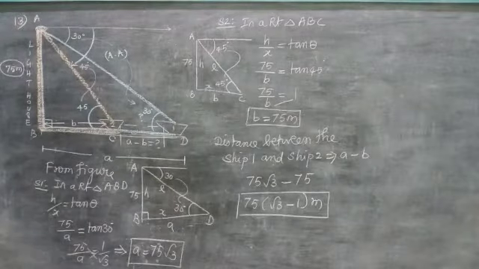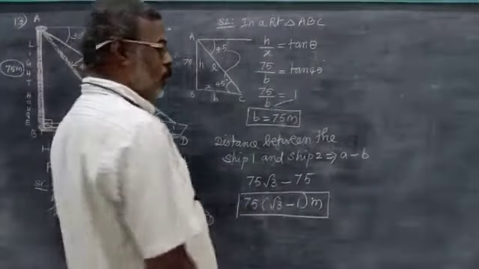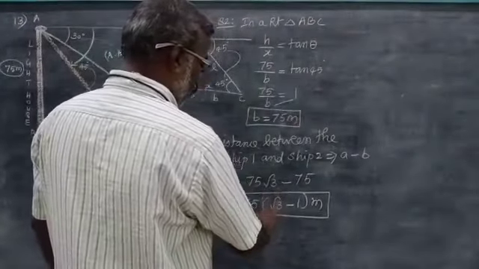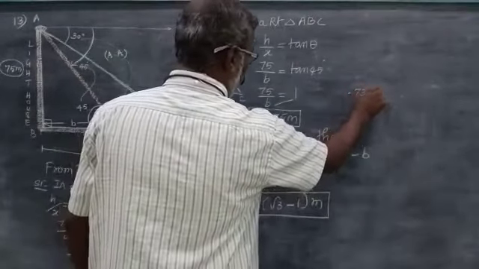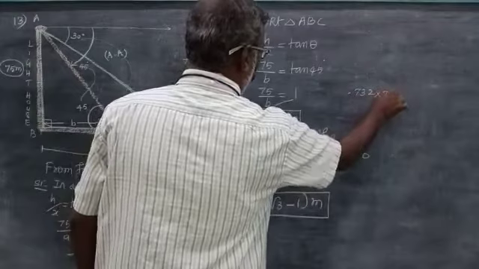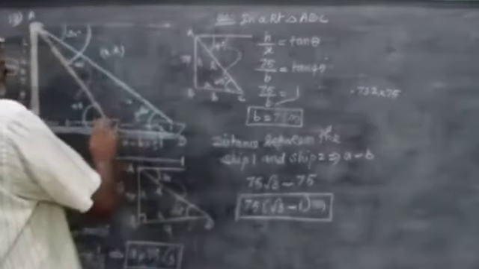Suppose they give the root 3 value as 1.732, then 1.732 minus 1 is 0.732, into 75. You get the real distance between the ships.